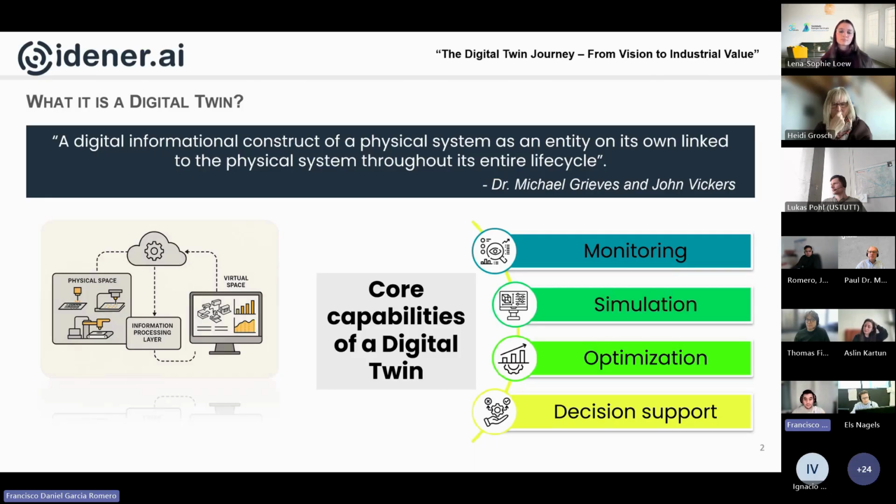Next, do an optimization of the key parameters that rule the different processes, mostly done by data-driven or other algorithms. And finally, allow the decision support and support these strategic decisions that can be done on the real physical space.